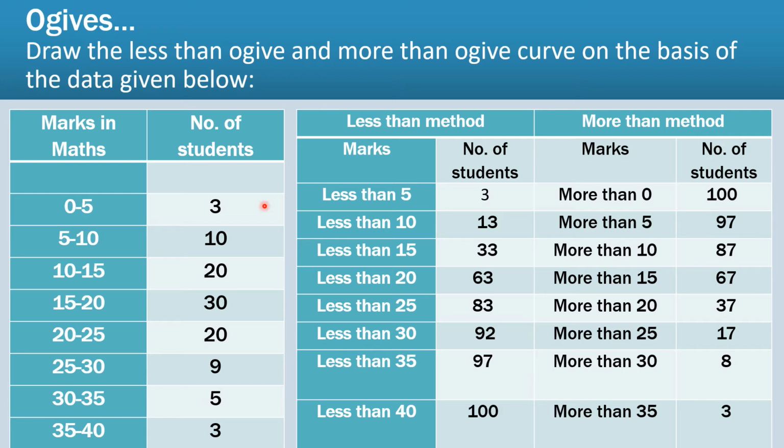So 100 minus 3 is 97. 97 minus 10 is 87. 87 minus 20 would give us 67. 67 minus 30 gives us 37. 37 minus 20 gives us 17. 17 minus 9 gives us 8. 8 minus 5 is 3. So how many students get more than 35? Obviously 3.